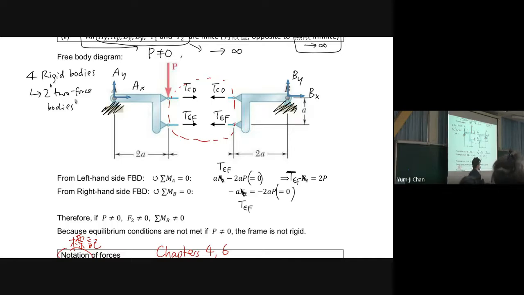We have these two equal to 0. But let's look at the summation MP. If P is not equal to 0, it means TEF is not equal to 0. It means summation MP cannot be 0.